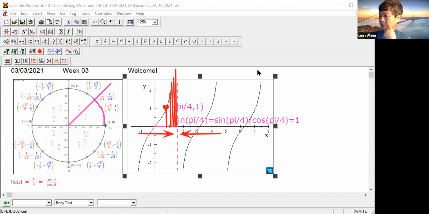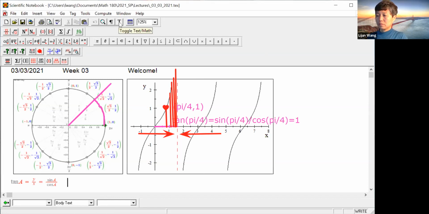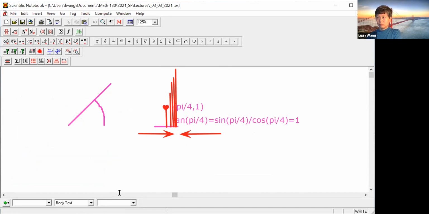So now let's see what happens. What happens as x approaches pi over 2 from smaller than pi over 2? Oops, sorry.